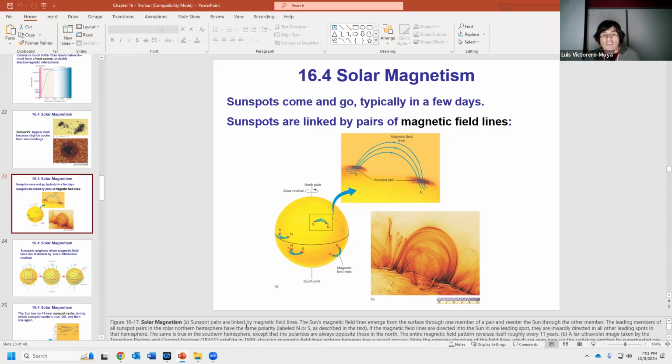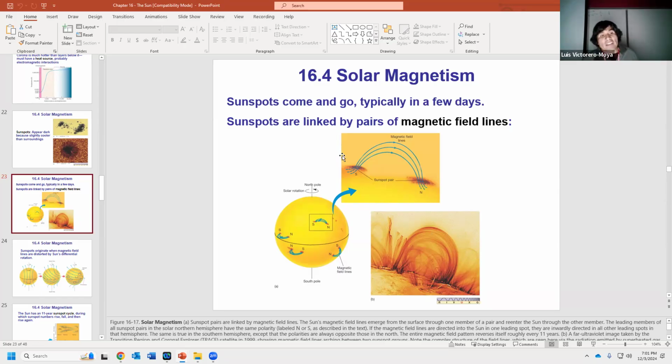So you may have magnetic field lines that are entering and leaving a sunspot. And when you have a spicule or a solar flare, they can easily trace the magnetic field in between sunspot and sunspot here. That's why I said that we use sunspots to track solar activity on the surface.